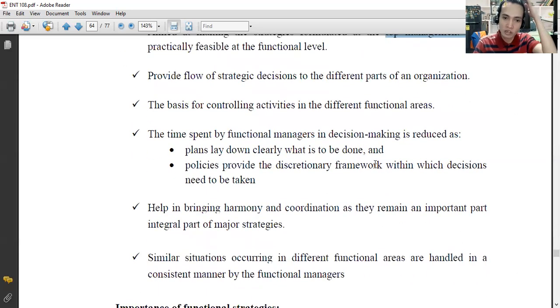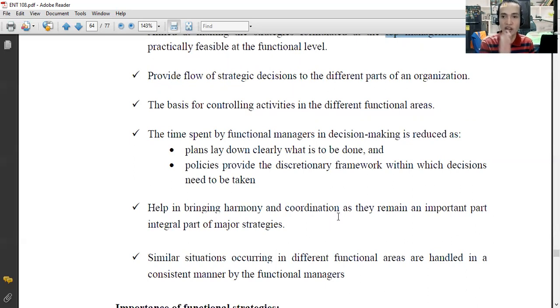The time spent by functional managers in decision making is reduced as, number one, plans lay down clearly what is to be done, and number two, policies provide a discretionary framework within which decisions need to be taken. It also helps in bringing harmony and coordination as they remain an integral part of major strategies. And lastly, similar situations occurring in different functional areas are handled in a consistent manner by the functional managers.